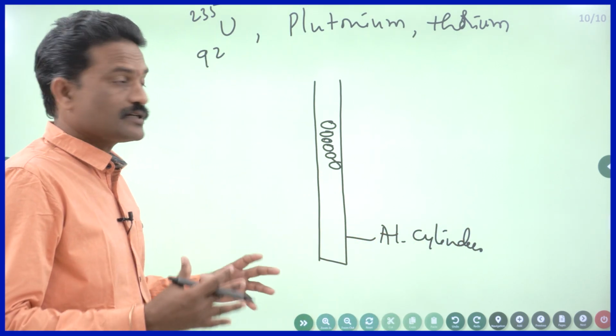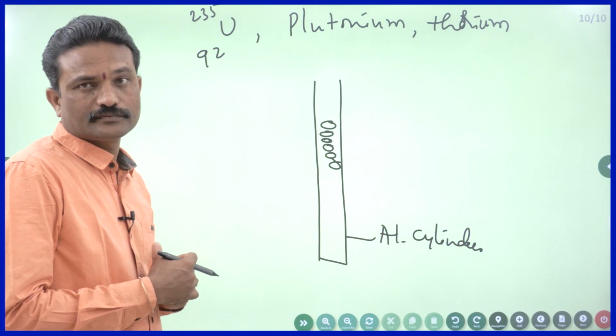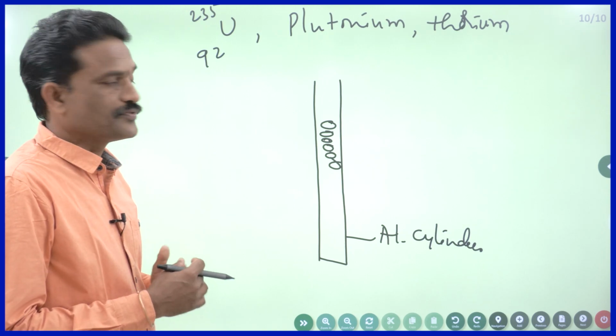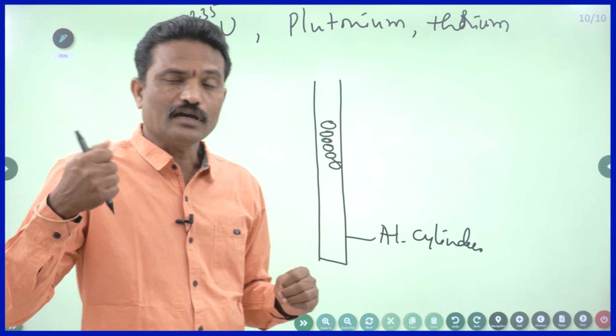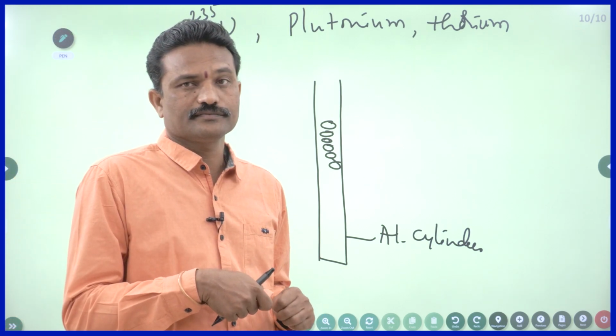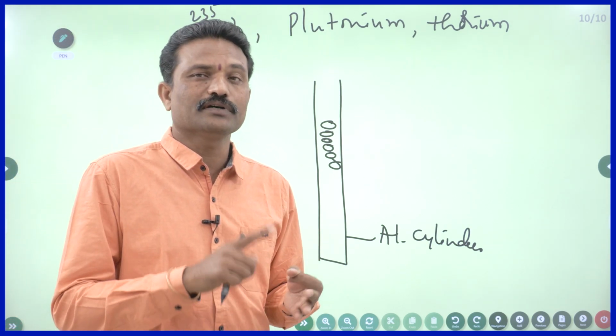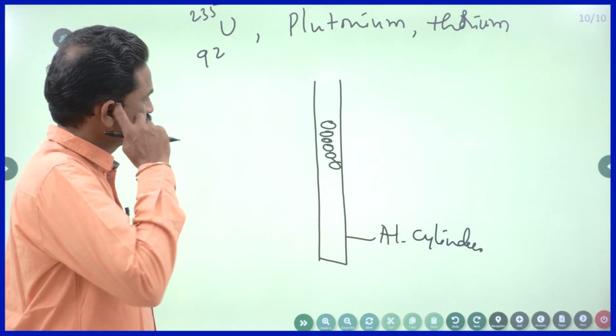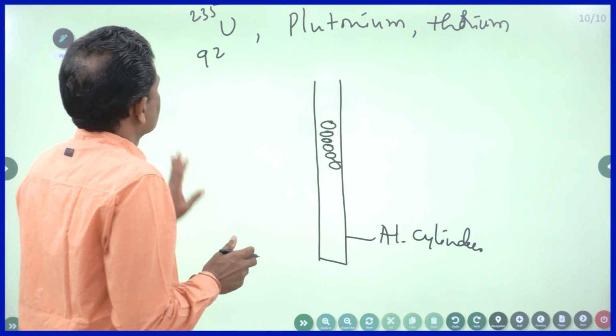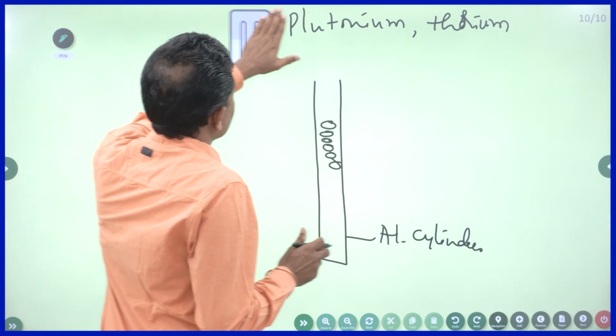There are thousands of such fuel rods. So, a fuel rod is nothing but an aluminum cylinder in which I will put these pellets of uranium or thorium or plutonium or something else. Is this clear? Right. This is one. So, this is about fuel.